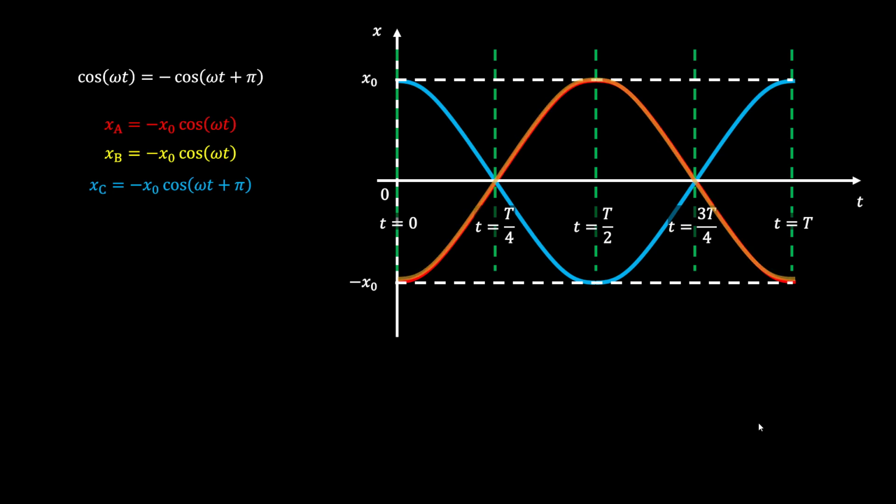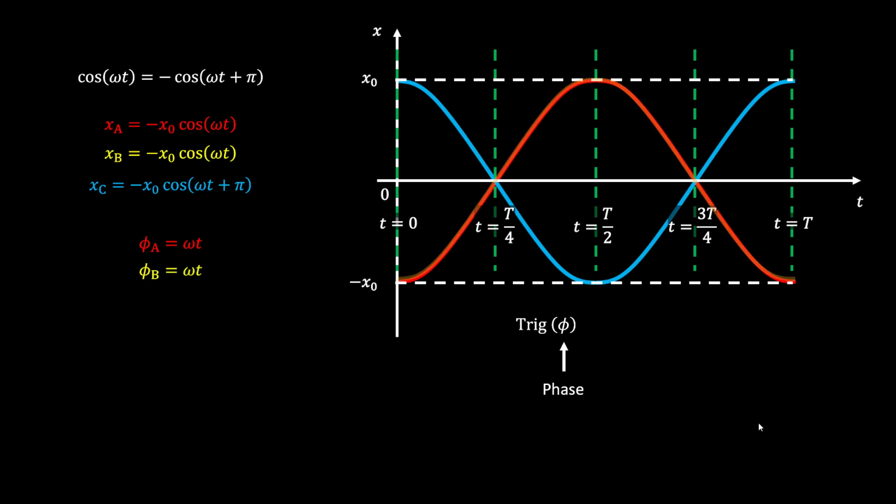Now remember that the argument of a trigonometric function is called the phase, and we are going to denote it as phi. So here we have phi of A, which is simply the phase of body A, equals omega t.